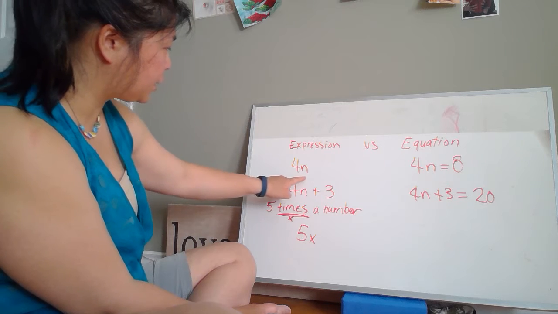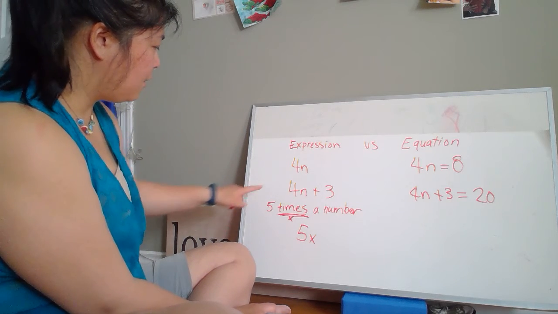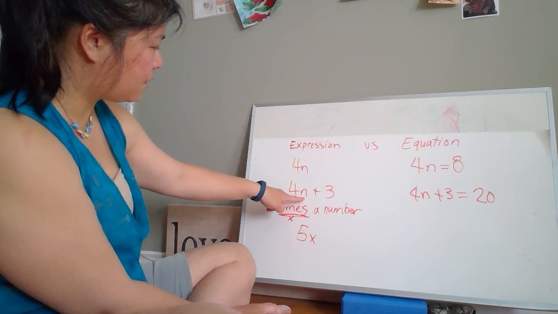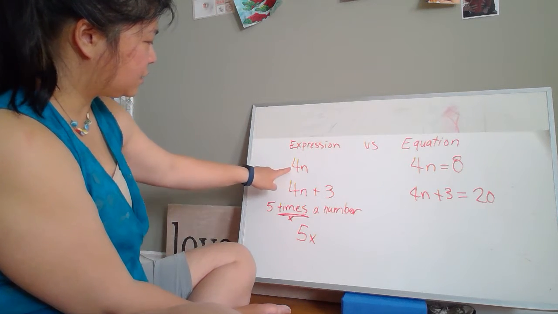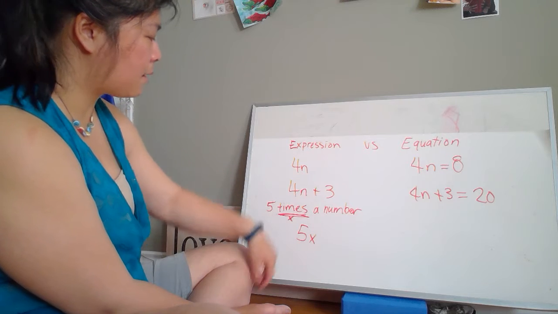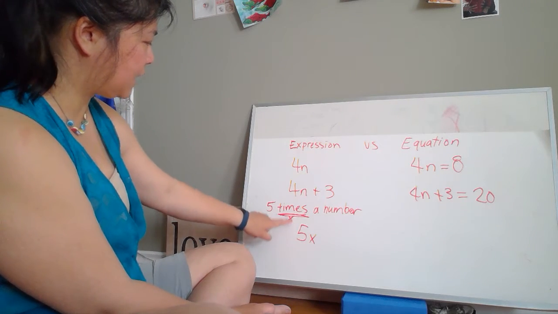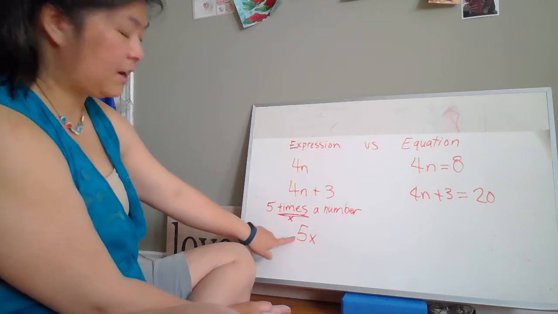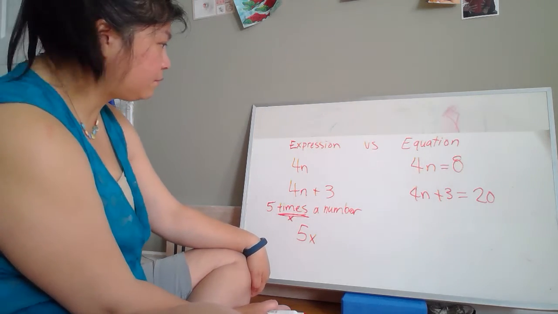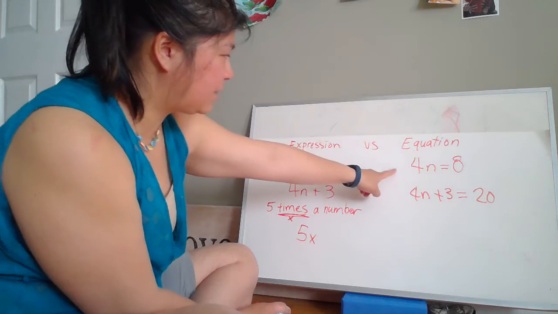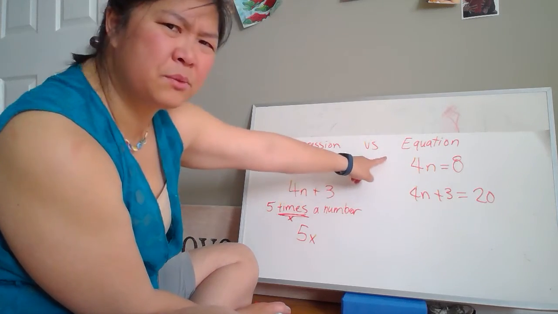So this expression can be 4 times the number plus 3. This is 4 times a number. So similar, 4 times a number, and then 5 times a number is 5. So how do you write this? How does this work?